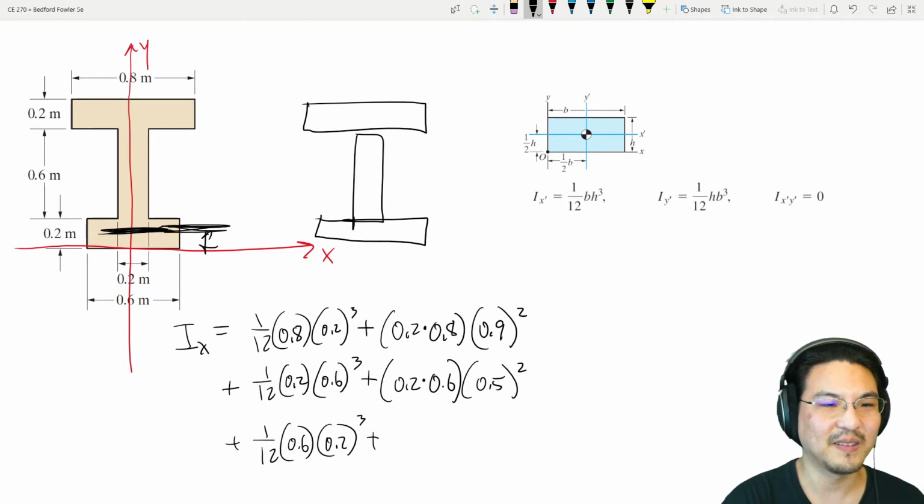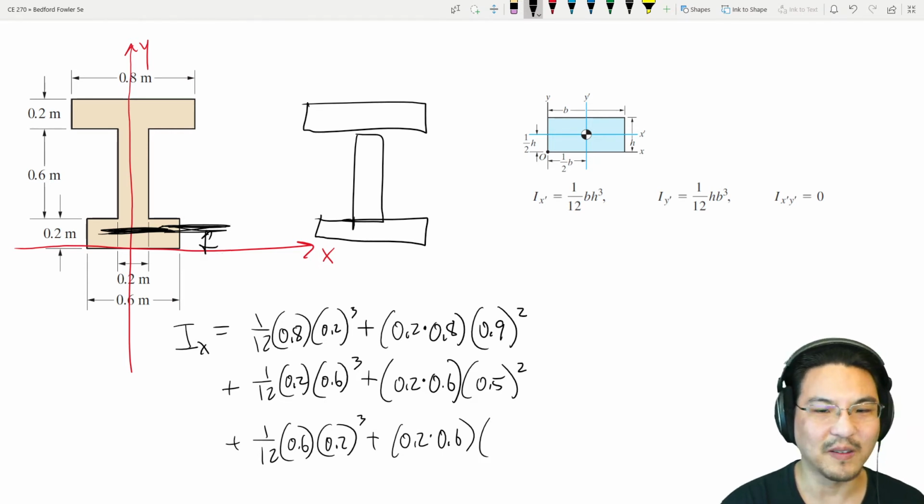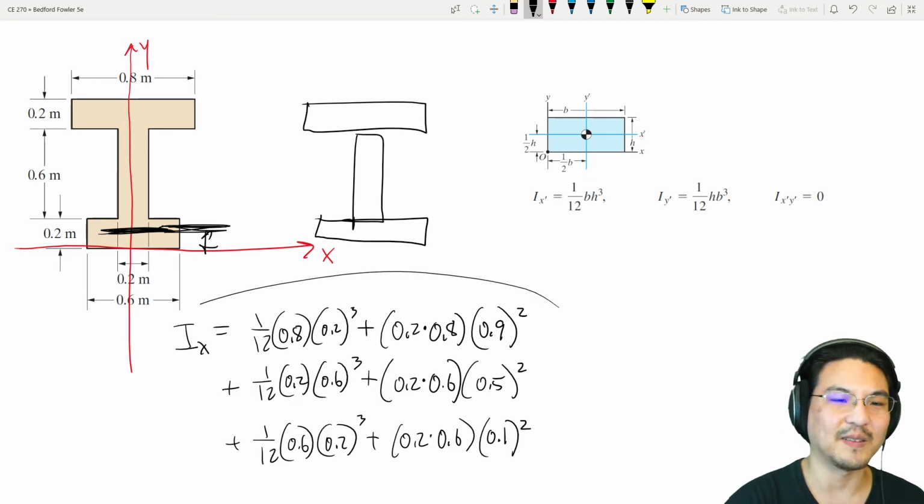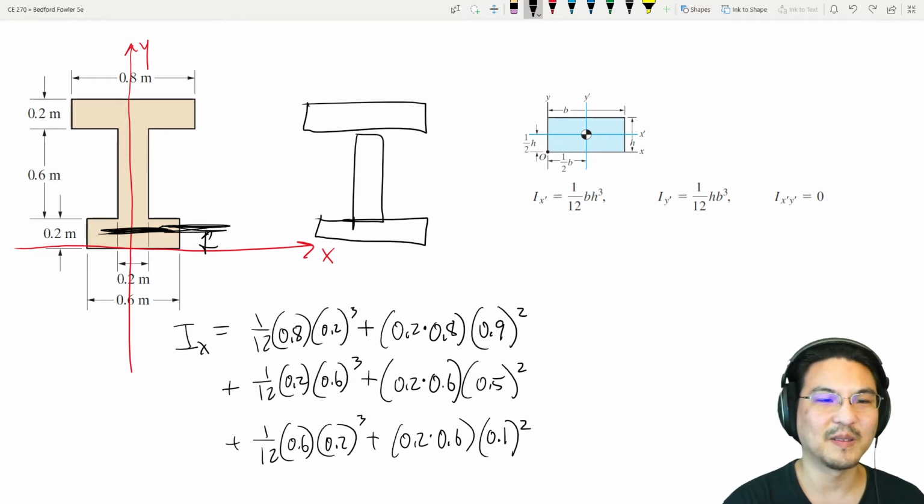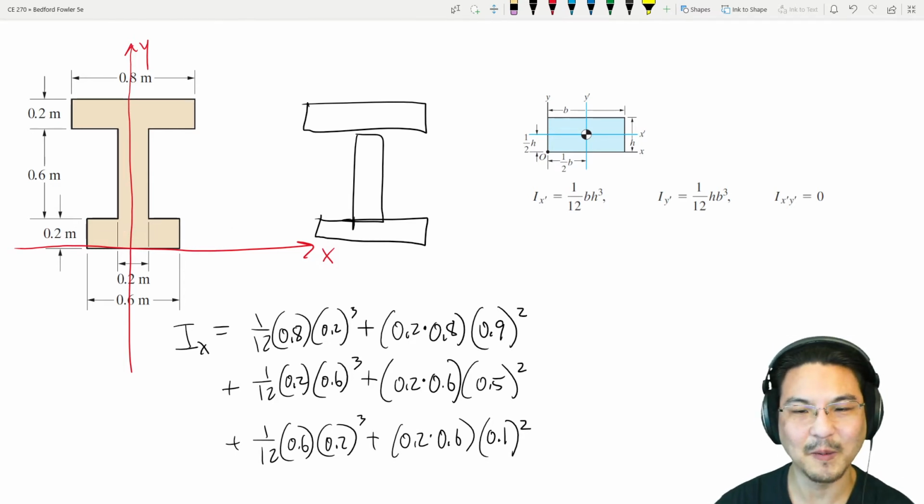So plus the area of this bottom rectangle, 0.2 times 0.6, and then how far is this? 0.1. 0.1 squared. Okay, so this is the moment of inertia about this axis. Okay, so let's keep going. Let me make some space over here.